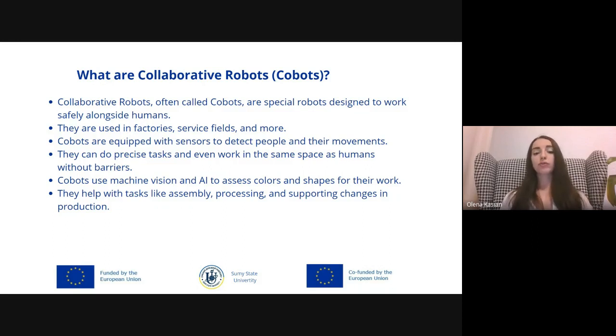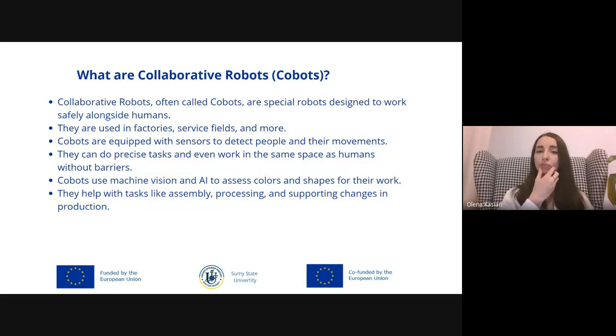So industrial robots that work in the same space as humans in an environment with no barriers are called collaborative robots. That example that I provided about Amazon is exactly for collaborative robots.